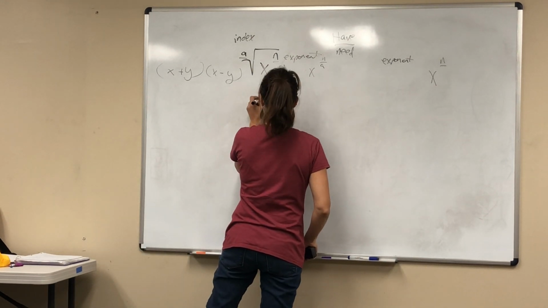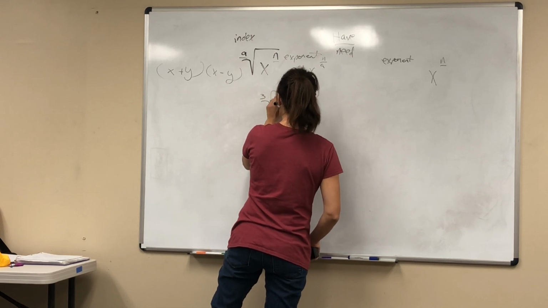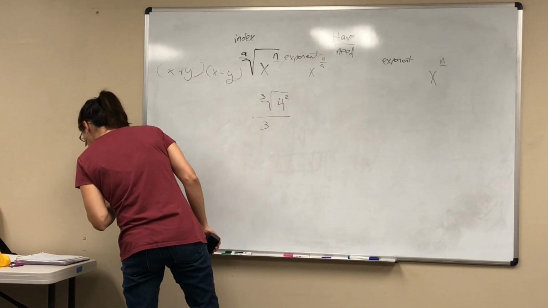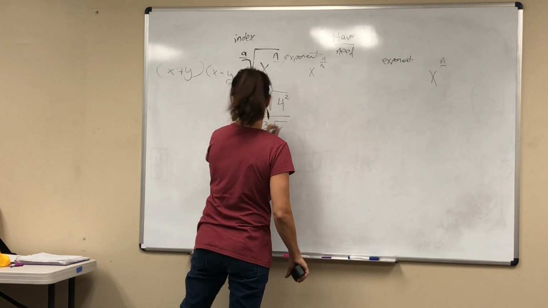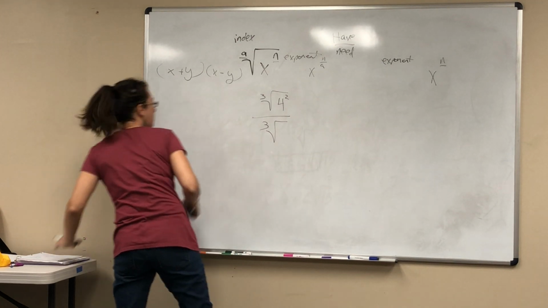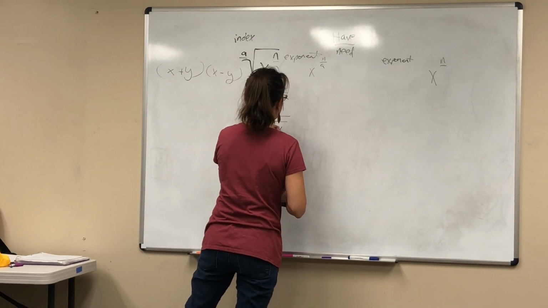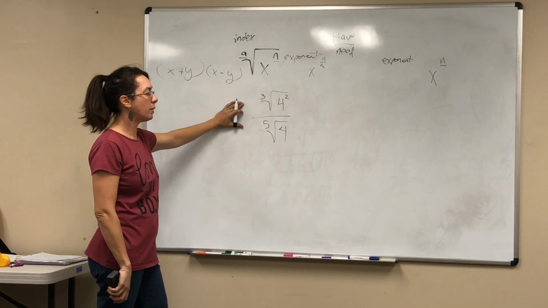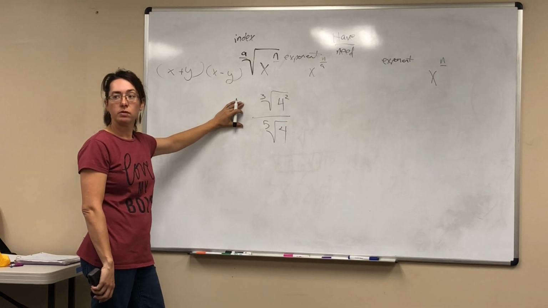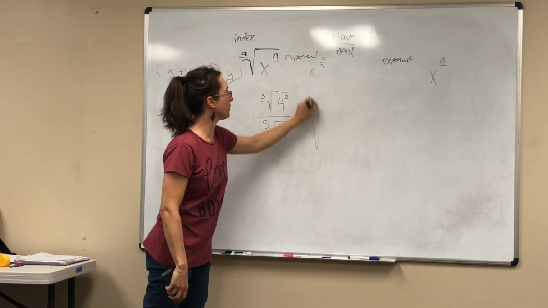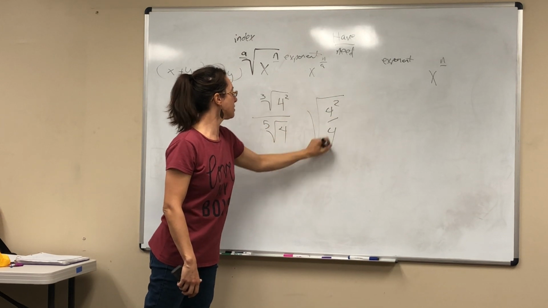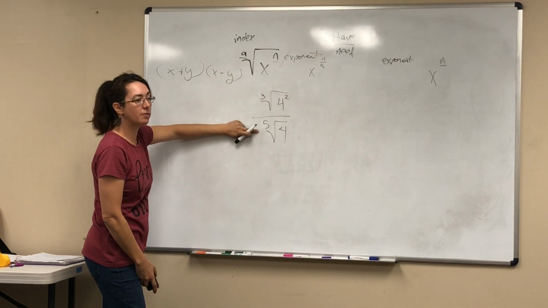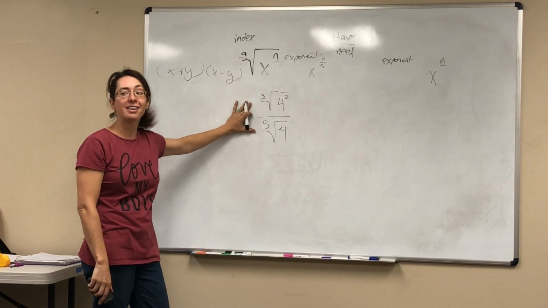So if I have the cube root of 4 squared over the 5th root of 4, can I divide these? No. Can I combine them into one big one? No, because this one I need groups of 3, this one I need groups of 5. Written like this, I can't do anything with it.